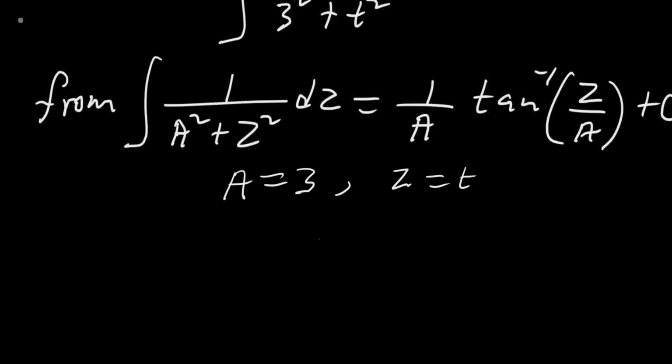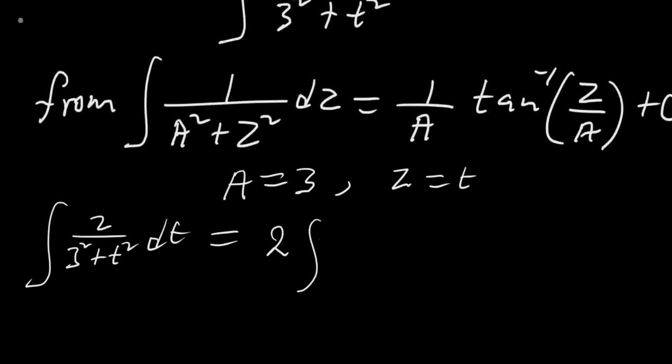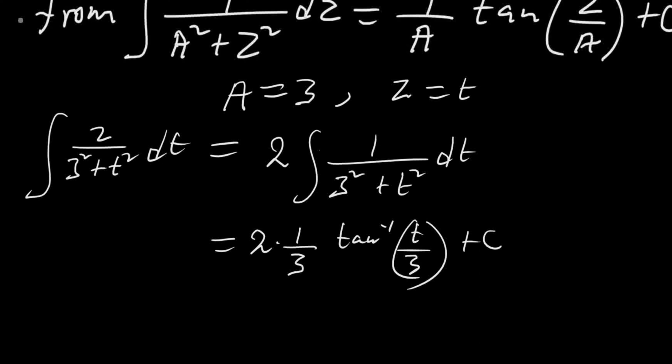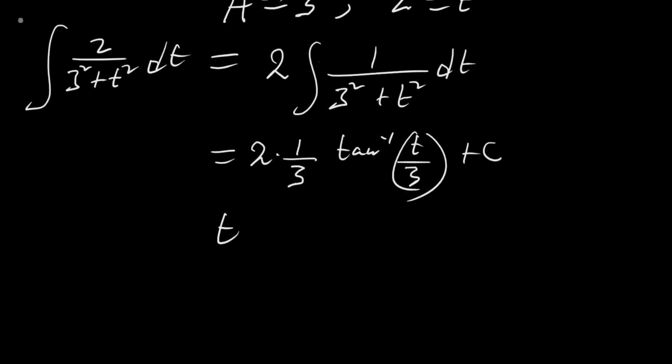Now, from the integral of 2 over (3 squared plus t squared) dt, this will be equal to 2 times the integral of 1 over (3 squared plus t squared) dt. And this will be equal to 2 times 1 over 3, the inverse tangent of t over 3, plus c.